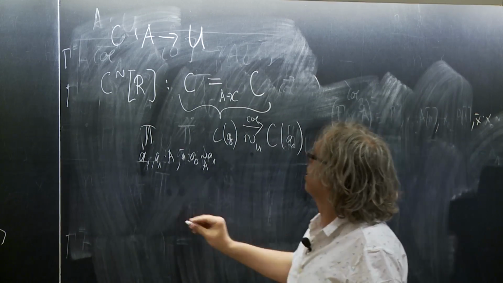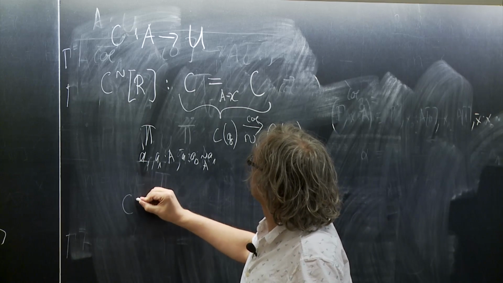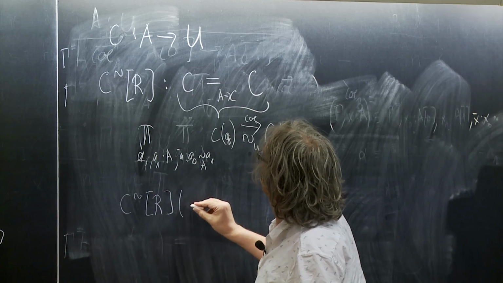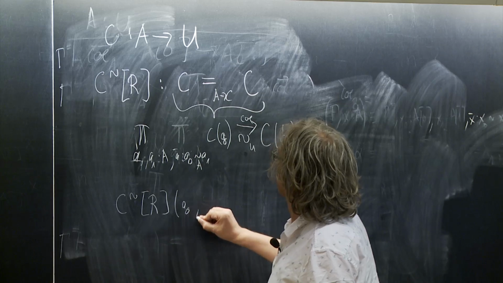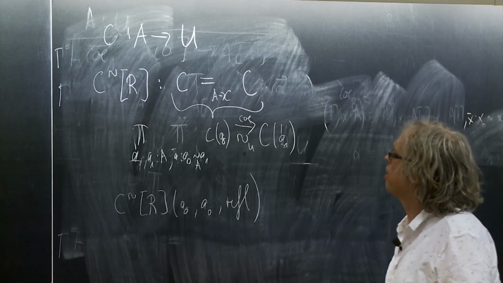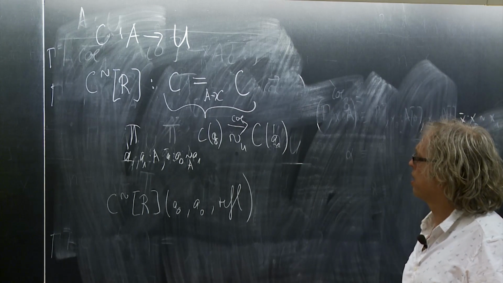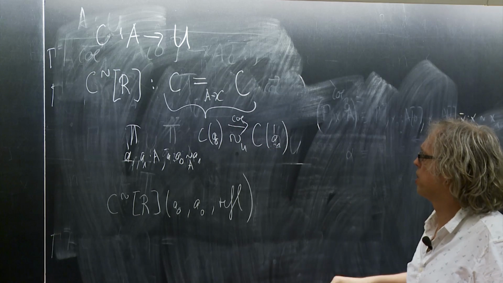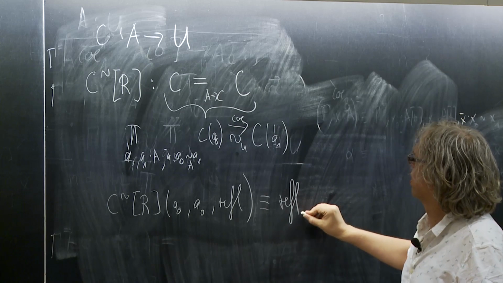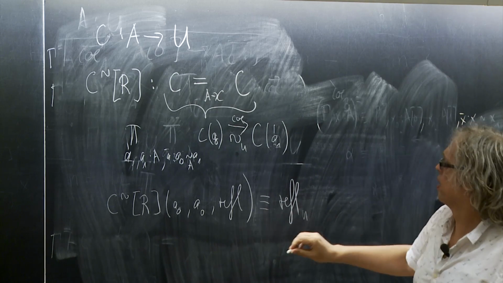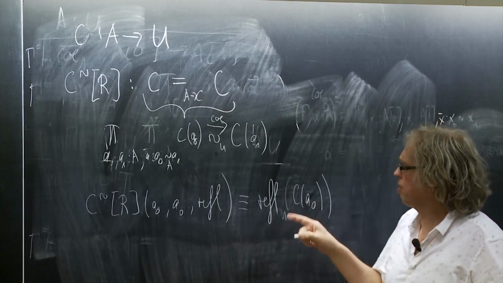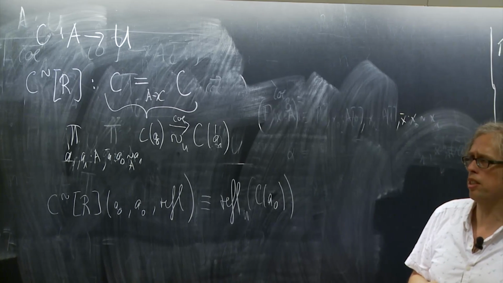So if I apply C tilde R to a0 refl, then I get the refl for the universe of C of a0, and the refl of the universe is defined to be the identity.